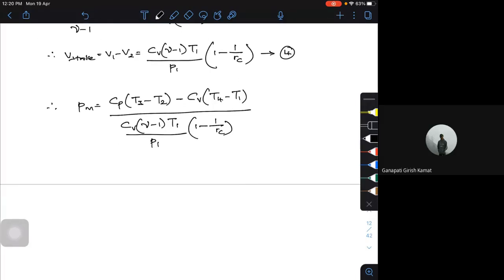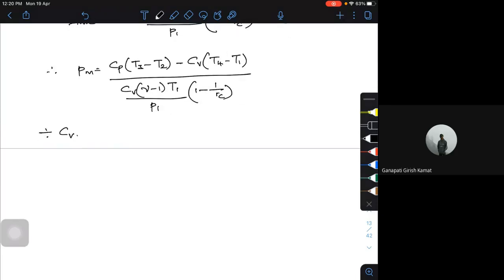The first simplification is to divide by Cv throughout. Cp by Cv will become gamma, and Cv goes off in the denominator.